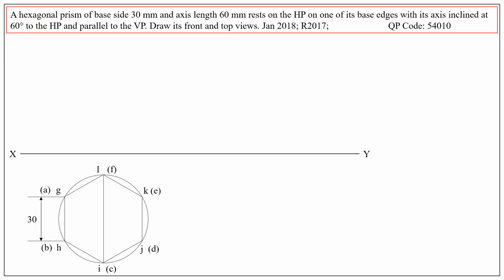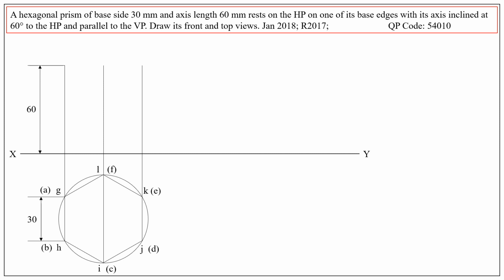After drawing the top view, obtain the corresponding front view. Project each and every corner point onto the XY line, and the height of the solid is given as 60 mm.